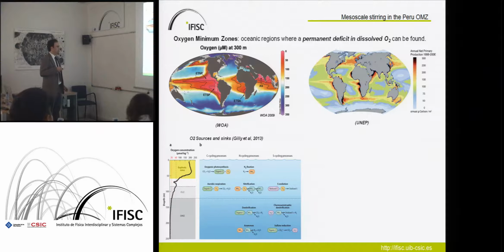Well, basically, near the surface you have production of biological matter by photosynthesis. So we have production of oxygen in the euphotic zone, the zone where you have photosynthesis. But below, you don't have photosynthesis, and you have respiration, which consumes oxygen.